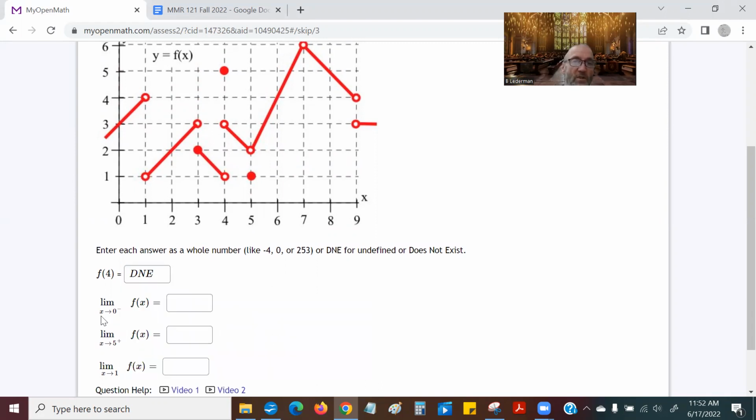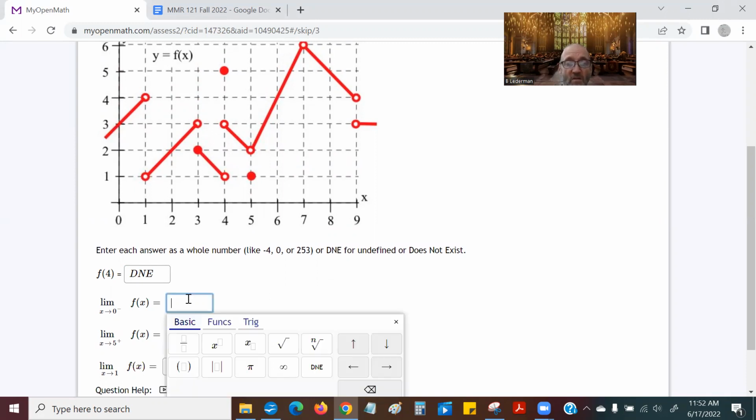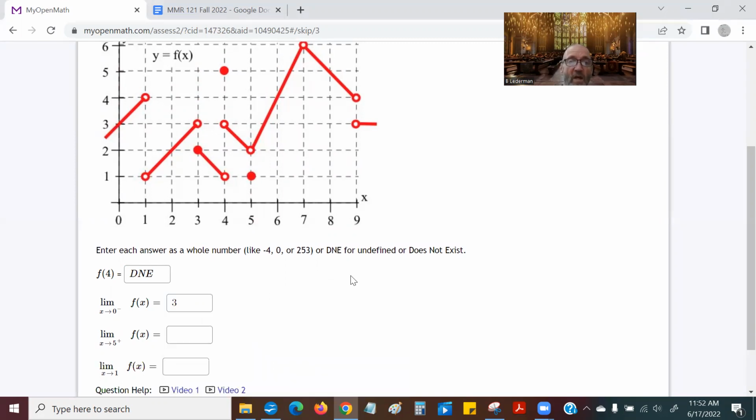What about approaching 0 from the negative direction? When I approach 0 from the negative direction, the y value gets close to 3. So I'm just going to put a 3. Very nice. And what about when I approach 5 from the positive direction? I get the y value becomes close to 2, not equal to 2.